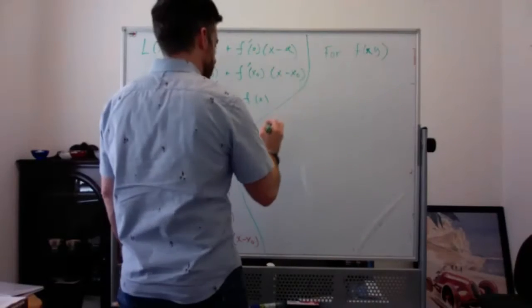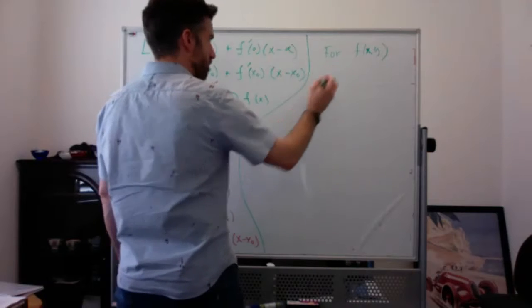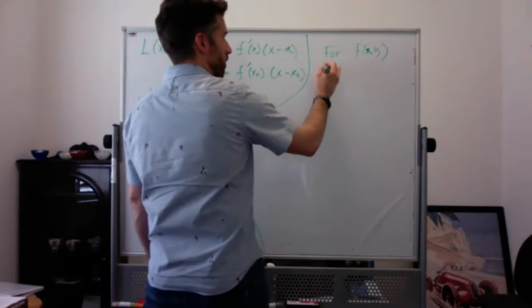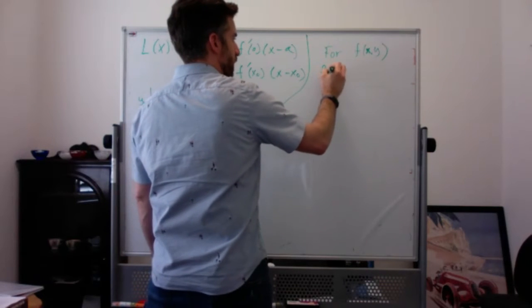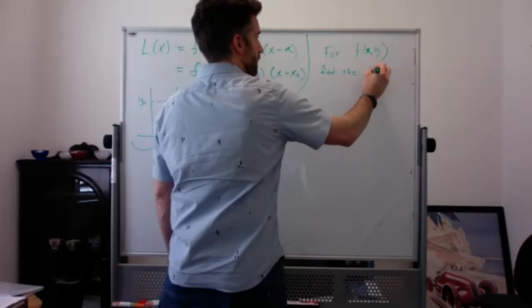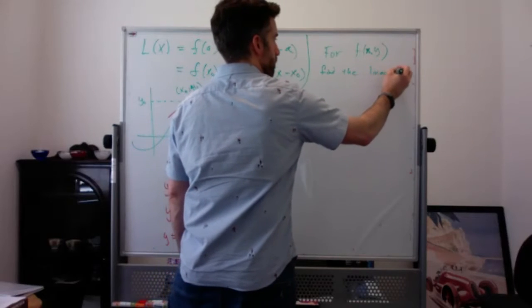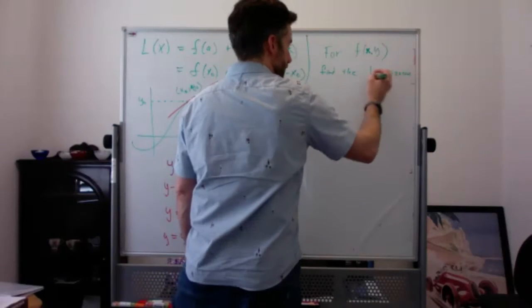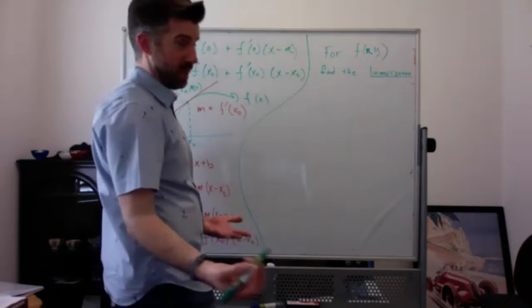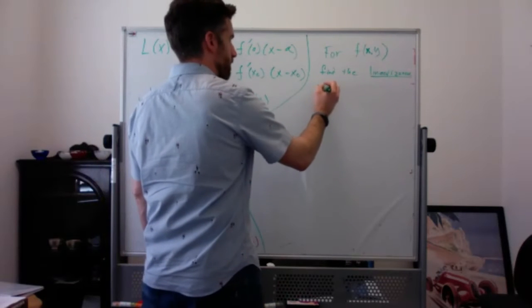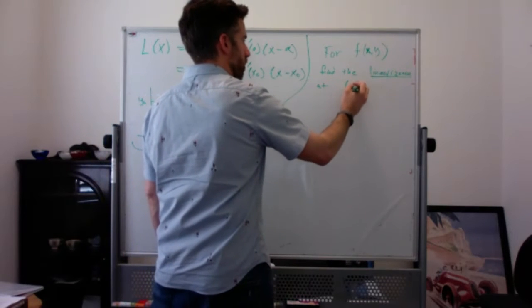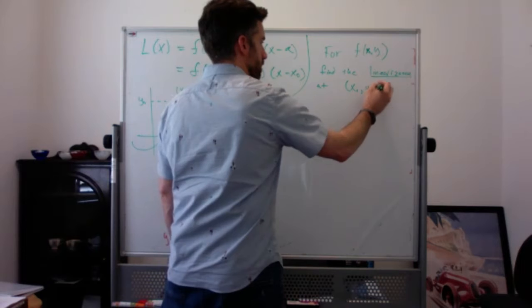I'm going to write it down here because it's where I have room. So for f of x, y, if we're going to find the linearization, aka the tangent plane at x naught, y naught, here's what we're going to get.